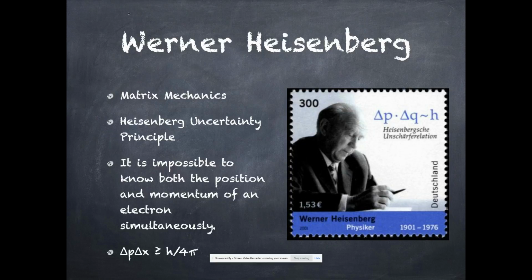Now, the way it's on this stamp, the uncertainty in the momentum, delta p, times the uncertainty in the position, they call it delta q, okay, is proportional to h. And it's saying the same thing here. Okay? It's saying you can't know them both, the product of them, any better than the value of h, which is Planck's constant.